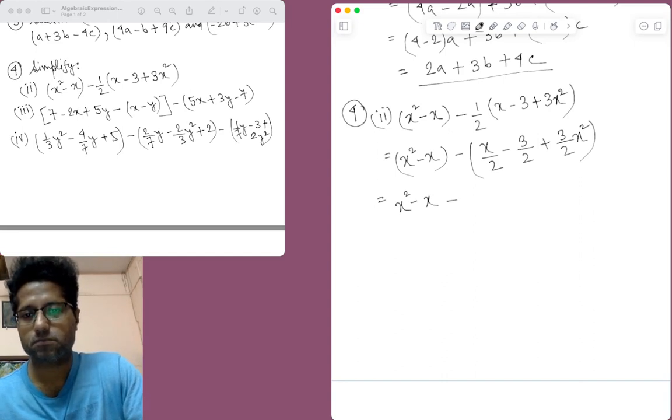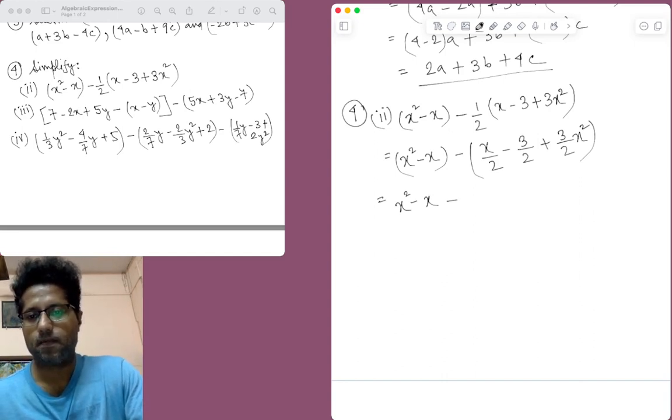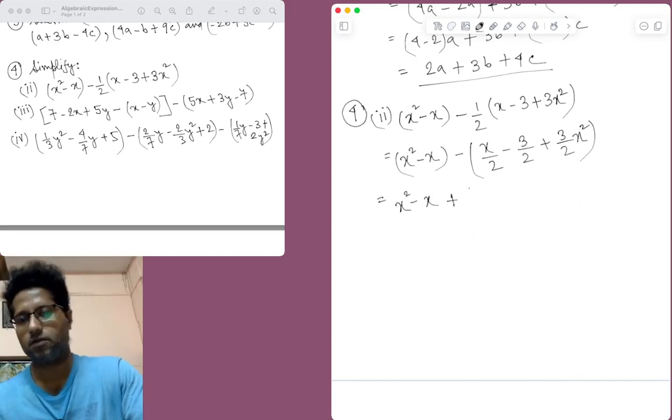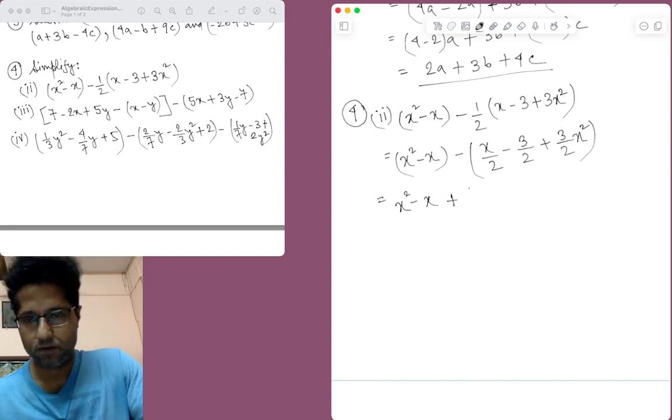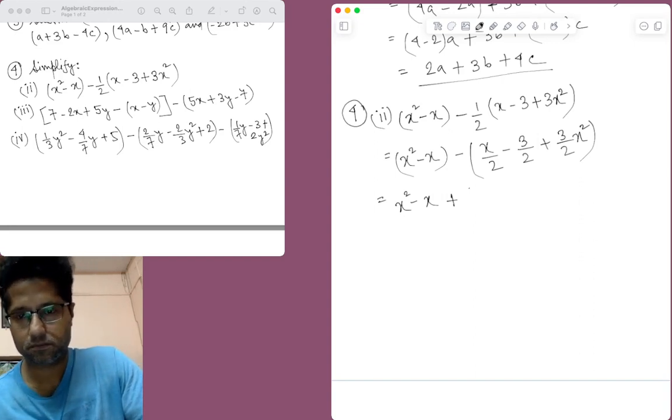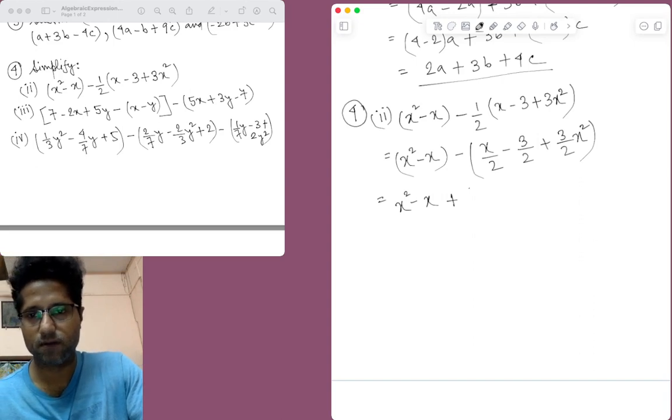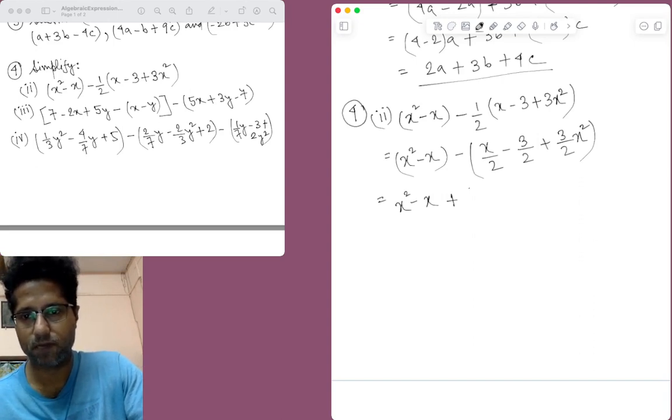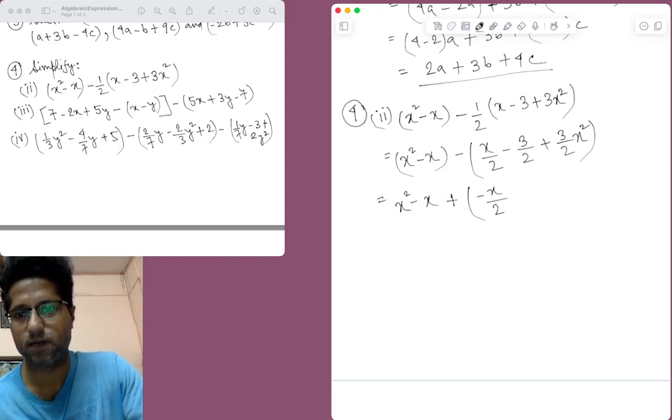And to open the grouping of the second group, we have to change the sign of all its terms. So instead of the minus sign, we will put plus and we will negate the sign of all its terms. So x by 2 becomes minus x by 2, minus 3 by 2 becomes plus 3 by 2, and 3 by 2 x square becomes minus 3 by 2 x square.